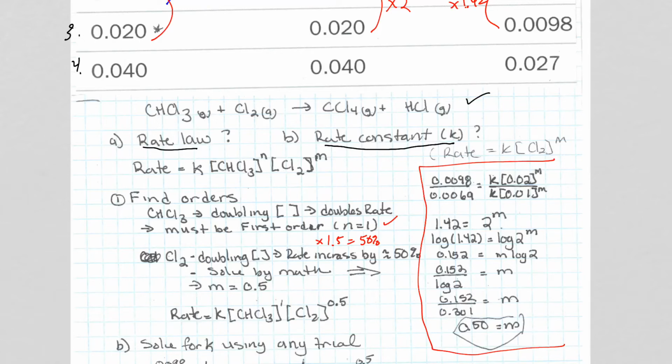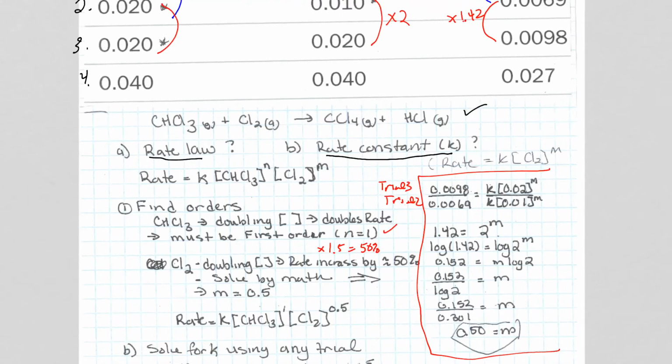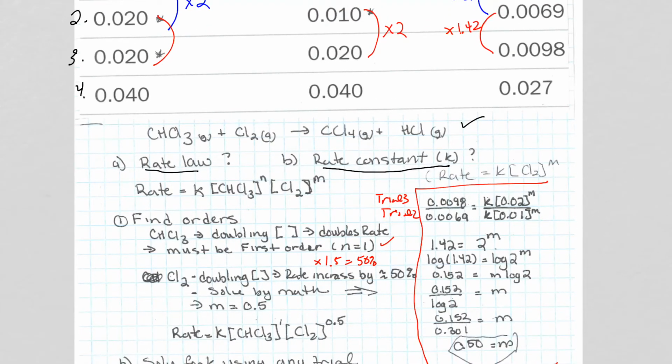So we have the rates. This is trial 3 here. This is trial 2. So these are the rates, the rate constants, the Cl2 concentrations, 0.02 for trial 3, 0.01 for trial 2.